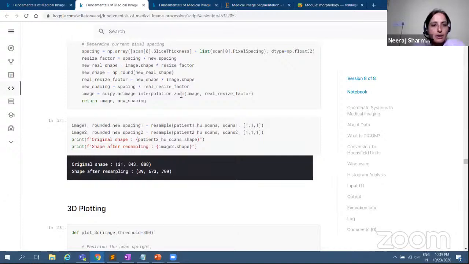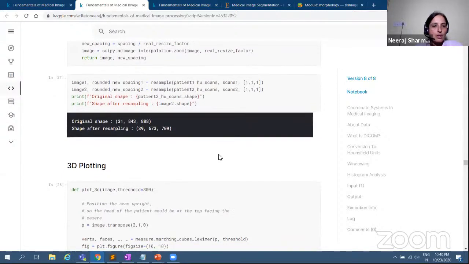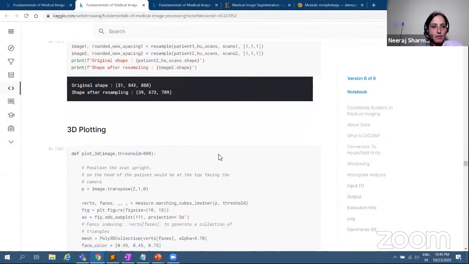We input this in the interpolation API already there in the SciPy library, the zoom API, with the actual image and the real resize factor. We provide these values and get a new image and the new spacing. Here I have printed the original shape, and after the resampling, this is the new shape of the image.